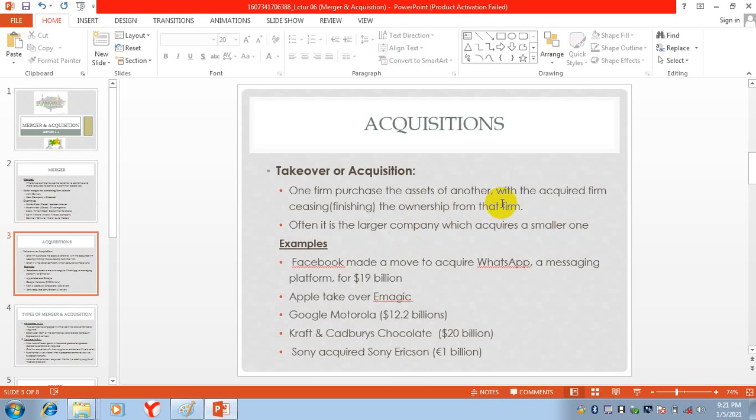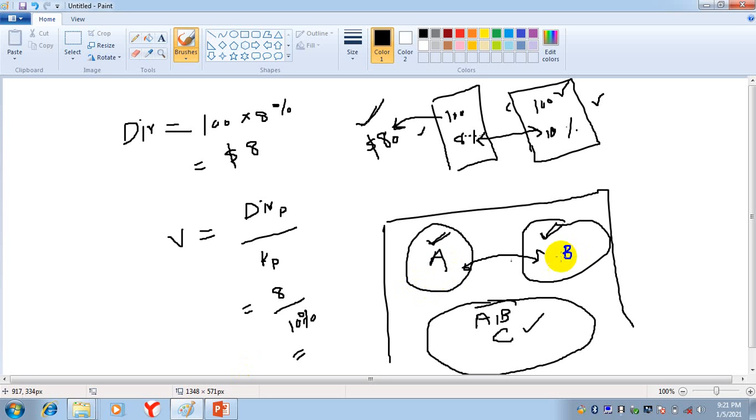The next type is acquisition, or we also call it takeover. Now see, in a merger, two companies combine their resources to form another company.